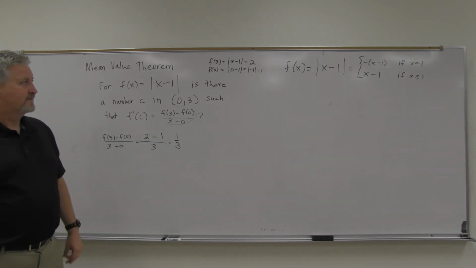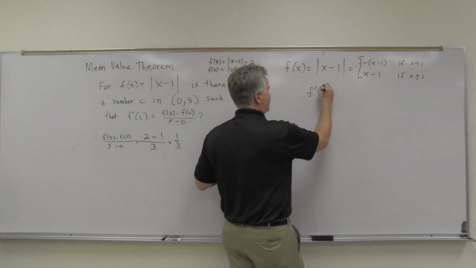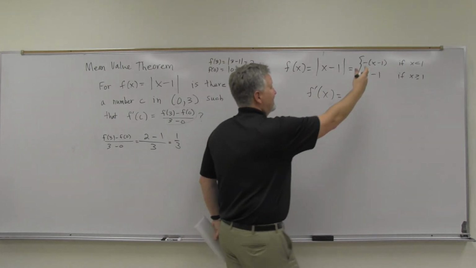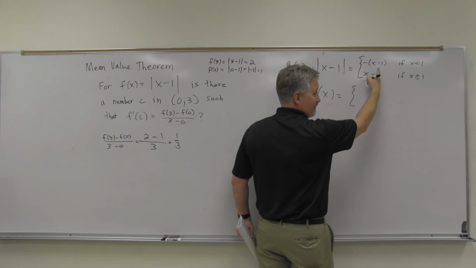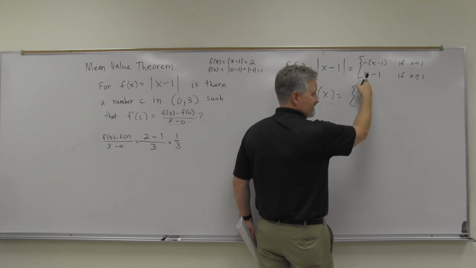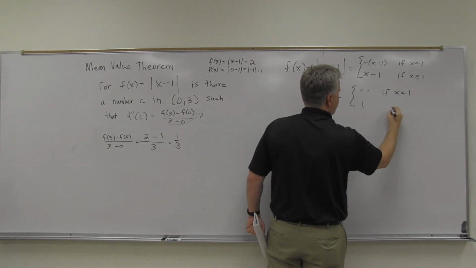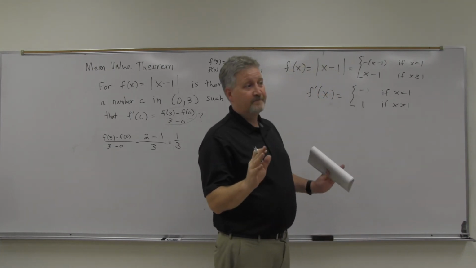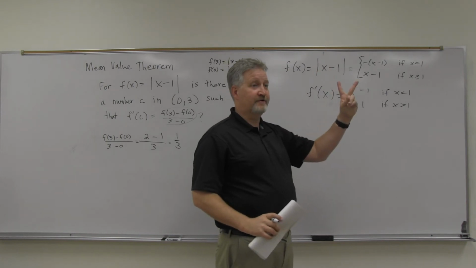That's helpful here because what's the derivative of this function? Well, it depends. If it's this piece, the derivative is negative 1. If it's this piece, it's positive 1. So if x is less than 1, it's that. If x is greater than 1, and notice I left off the equal to part because the absolute value has the corner at 1.